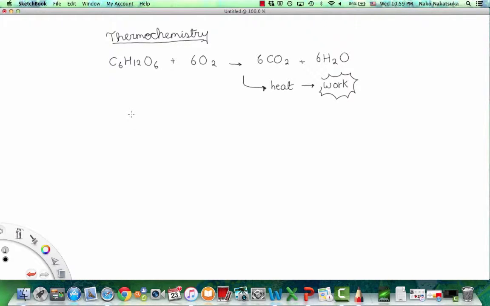Okay, so the amount of heat released or absorbed at a constant pressure is called enthalpy. We'll go over all of these individual components in more detail later. But enthalpy is Q_P at constant pressure.